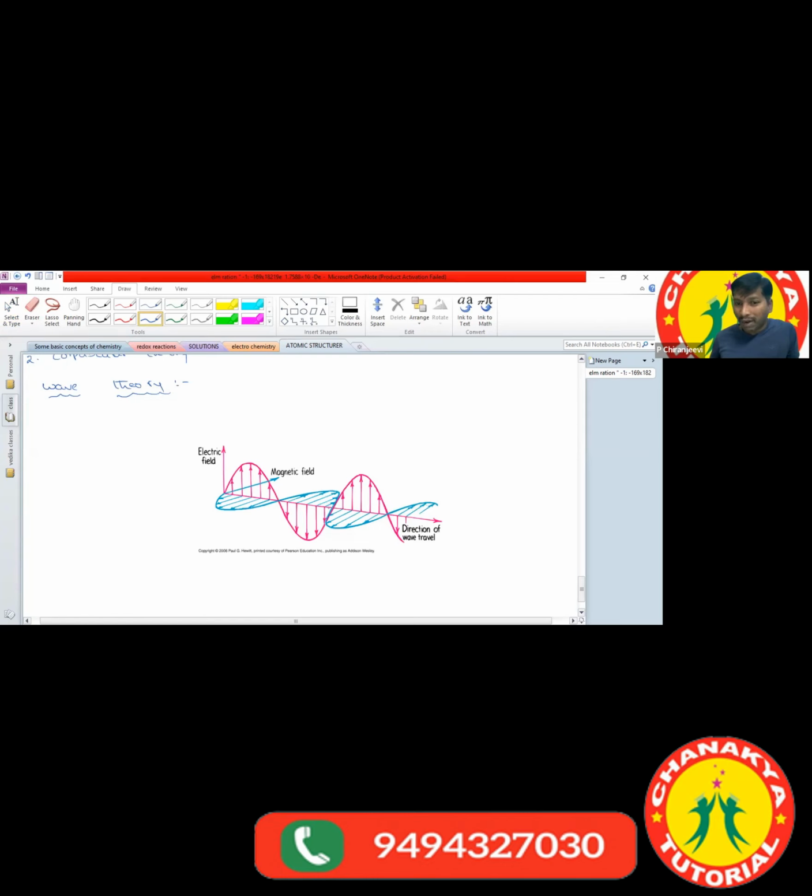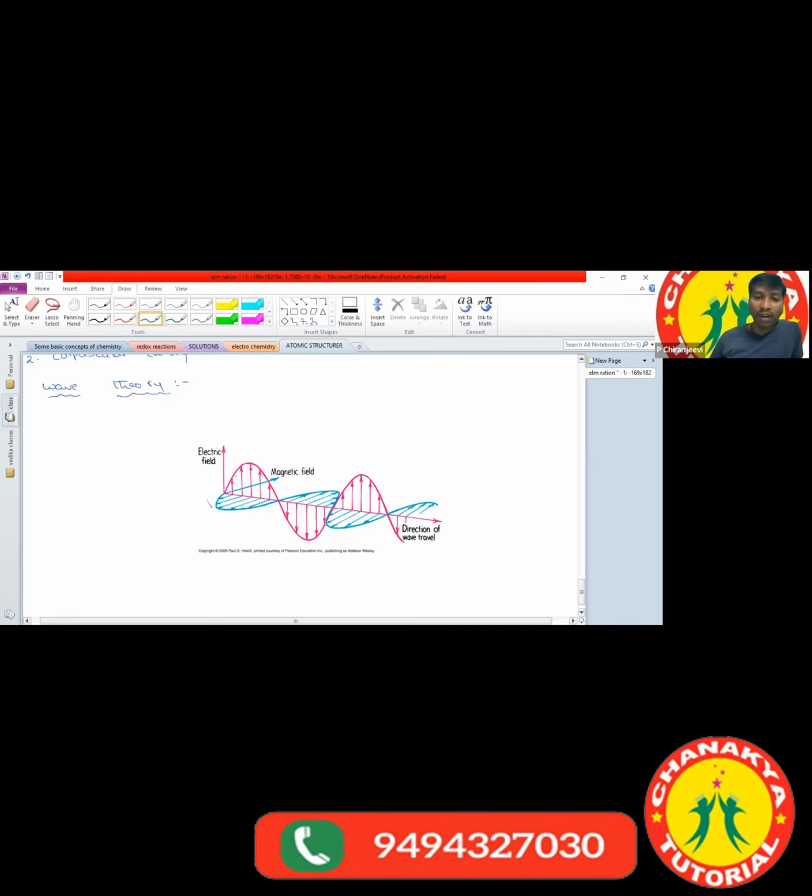Whenever they move at high velocity, they can generate an electrical field and a magnetic field. The pink color line represents the electrical field, and the blue color line represents the magnetic field. The electrical field and magnetic field are perpendicular to one another.